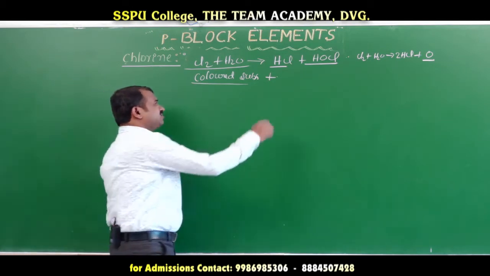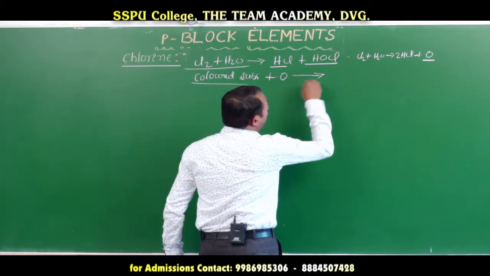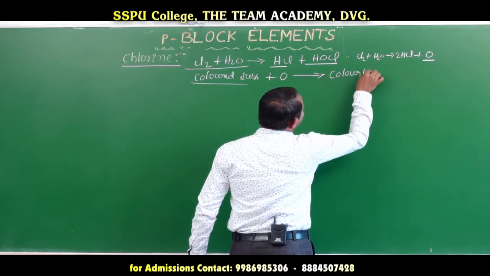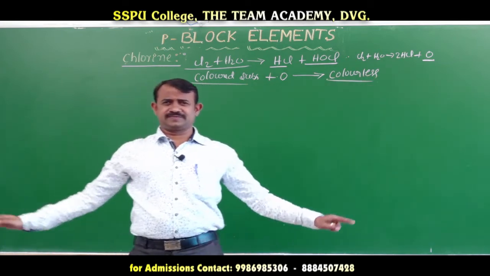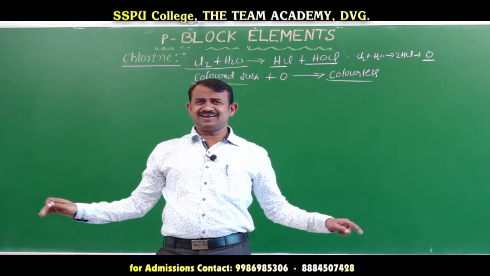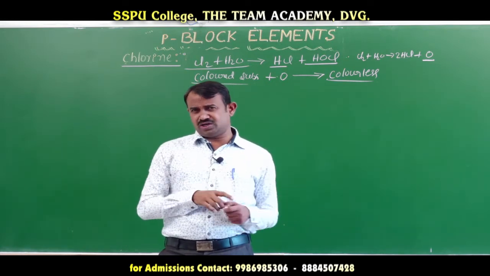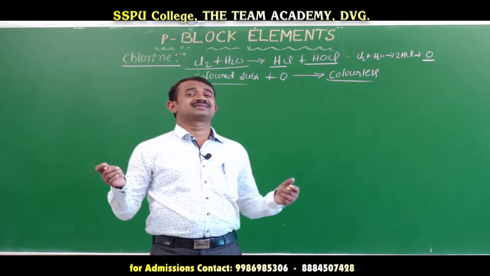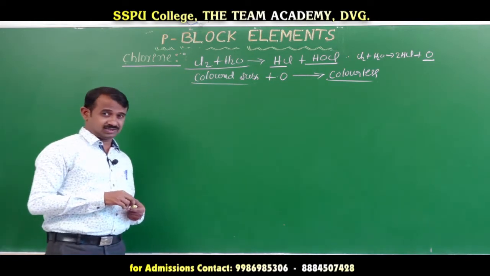The nascent oxygen reacts with the colored substance, and the colored substance is converted to a colorless one. Suppose we wash a floor having colored substances with chlorine water or bleaching powder, it becomes colorless. That is one of the important properties of chlorine water.